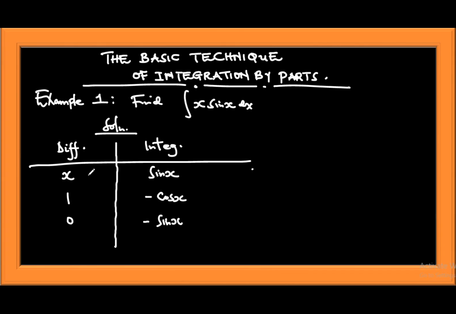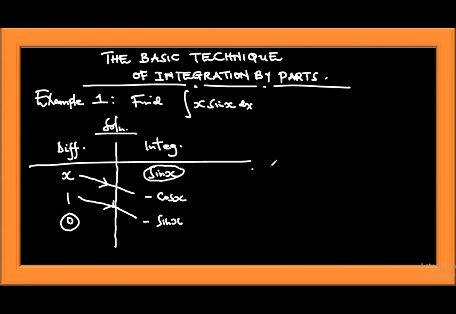Now we simply draw these arrows in this format, one arrow in that format and another arrow in this format, leaving out the rest. You must observe that pattern very well.